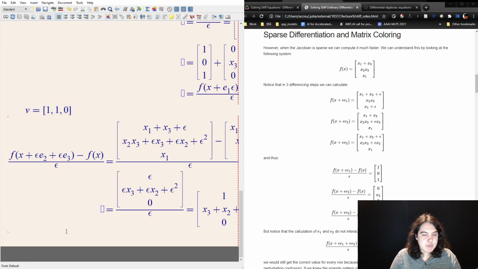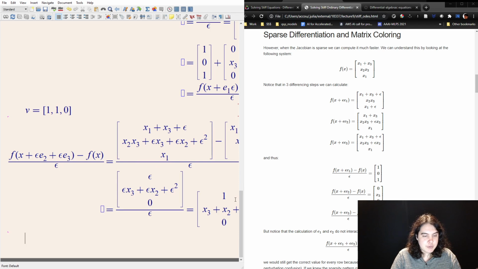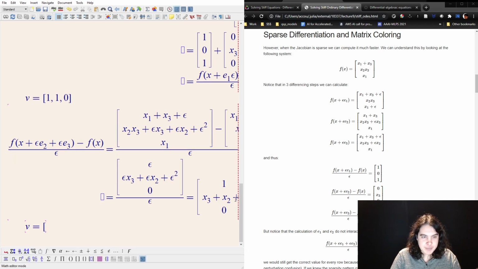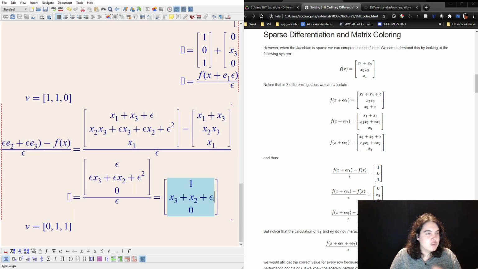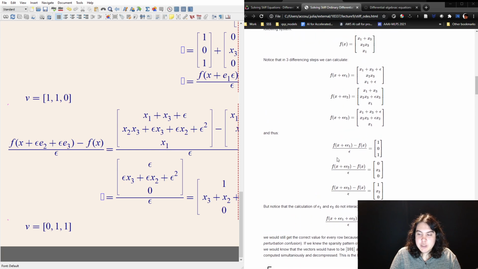The directional derivative of v equal to 0, 1, 1 is not a valid one, because when you do the derivative in the direction of x2 and x3 simultaneously, this function right here mixes the perturbations, and therefore you cannot interpret the result that comes out.